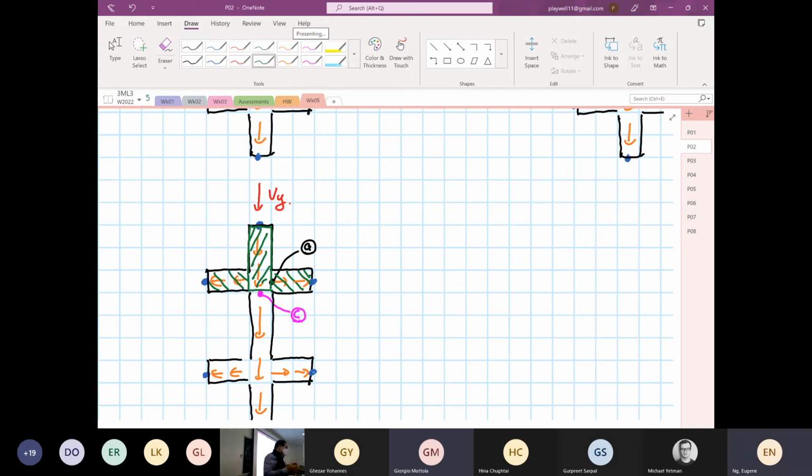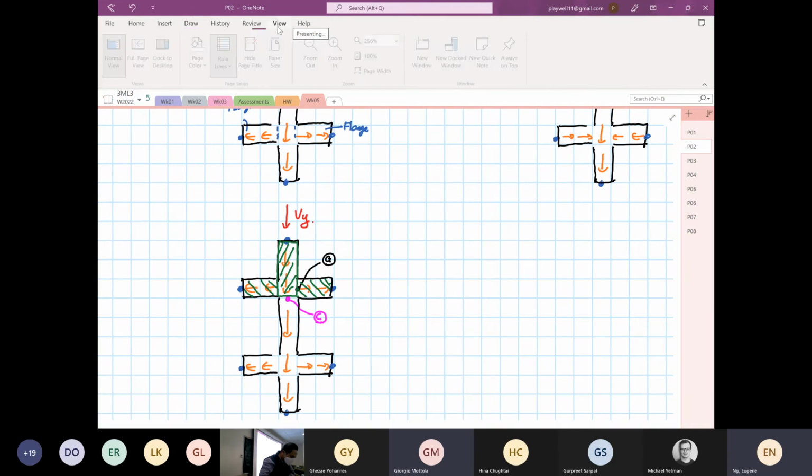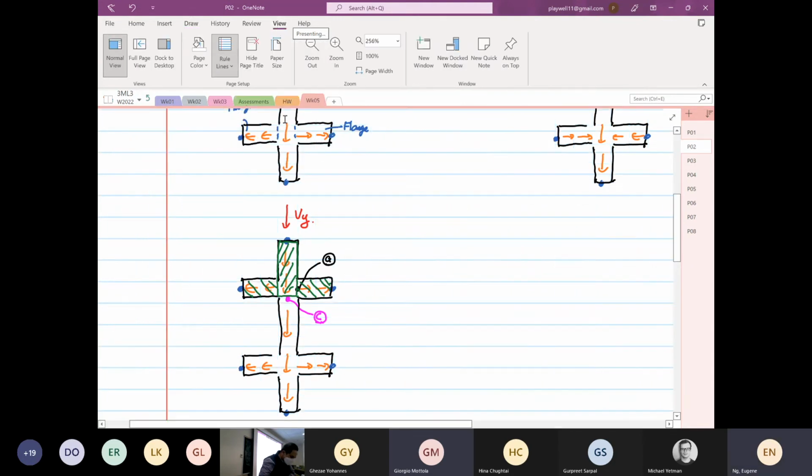Later on, if time permits, we do a member that is made of different sections. This is still required if we have the time. So now you know how to design the shear flow. The next thing I'm going to show you is the difference.